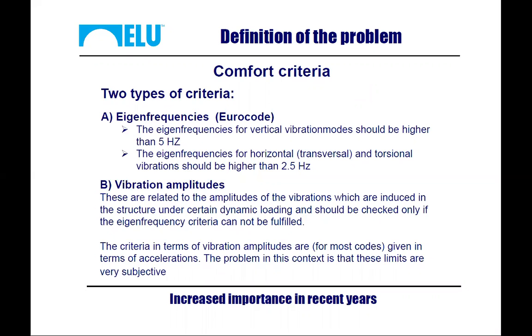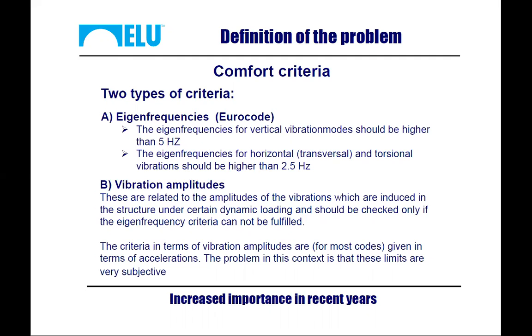If these eigenfrequency conditions are not met, then what we need to do is check the amplitudes of the vibration which are induced by the dynamic loading generated by the pedestrians. So if we do not fulfill the eigenfrequency criterion, then we need to look at the vibration amplitude.